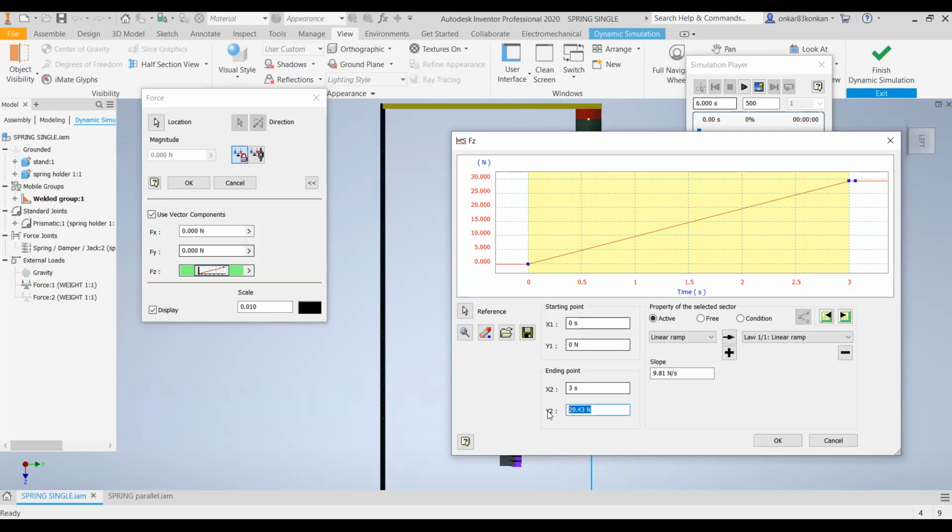So now I am selecting the weight as 2 kg. So its Newton will be 19.62.